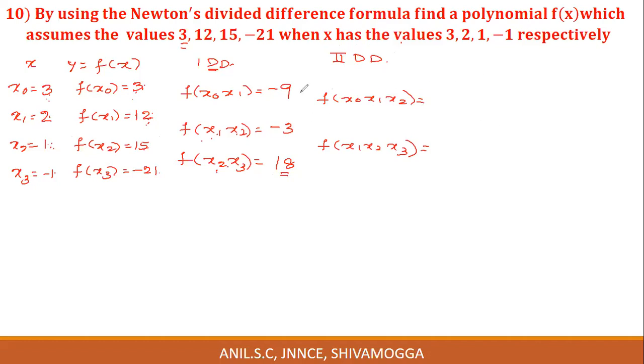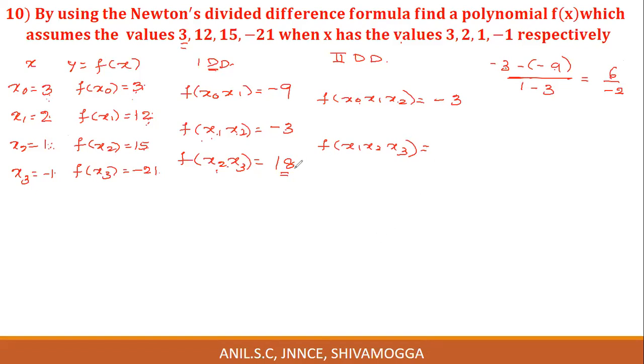Divided difference of these two is minus 3 minus into minus plus 9, divided by x2 minus x naught. x2 minus x naught is 1 minus 3, which is minus 2. Therefore, this is equal to minus 3 plus 9 is 6, divided by minus 2, which is minus 3.